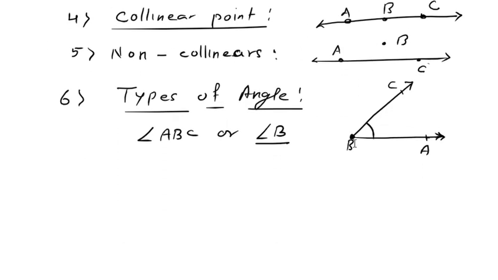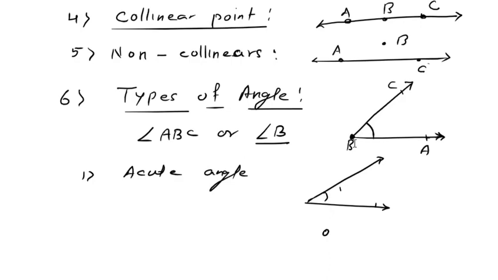Types of angles. First let us see what is meant by an acute angle. An angle which is more than 0 degree, suppose here we have an angle theta.